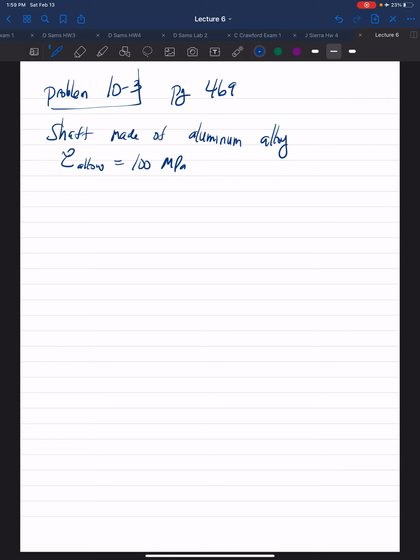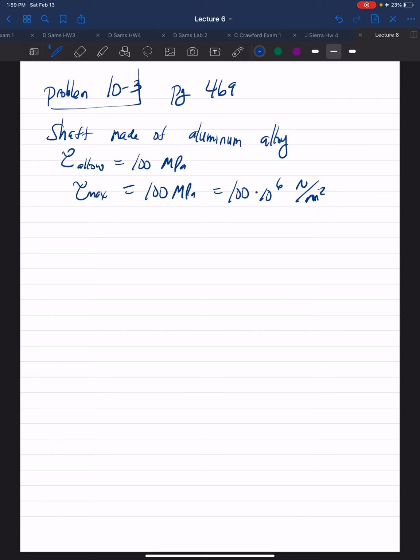So we see the word allowable, we know that's synonymous with our maximum shear stress, 100 megapascals. Convert our units. This is mega, 10 to the 6 pascals, Newton per meter squared, just so we can be clear on what we're saying.